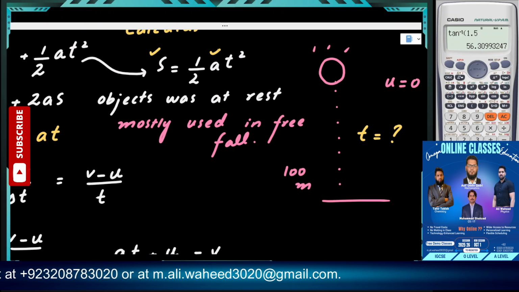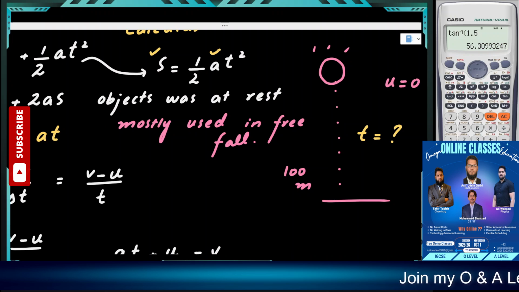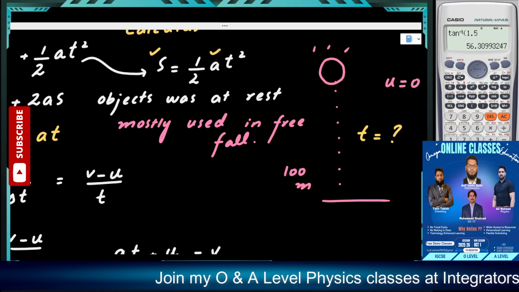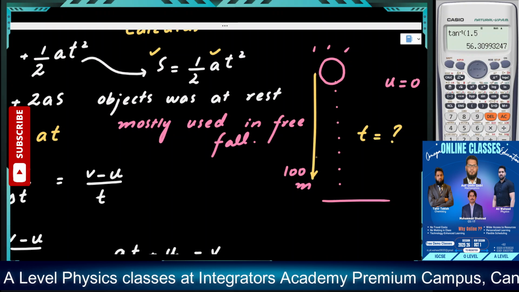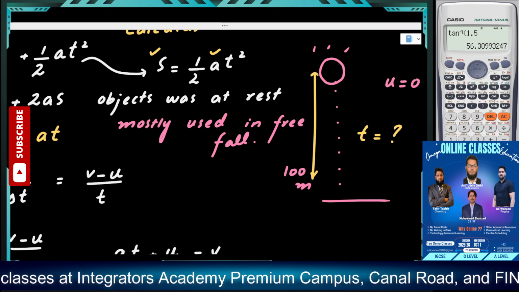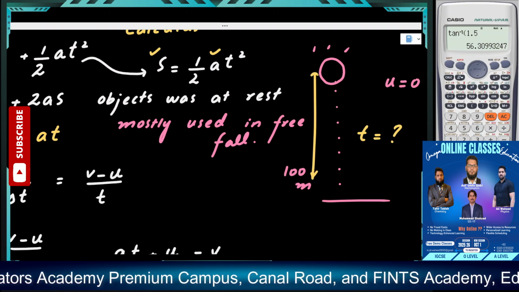If the object falls vertically downward, we assume that the acceleration would be plus 9.81. If we throw it upward, we can use it with the negative sign. Or the convention can be reversed also. But for this one, because the displacement will increase this way, when the object falls downward, the acceleration would be positive.